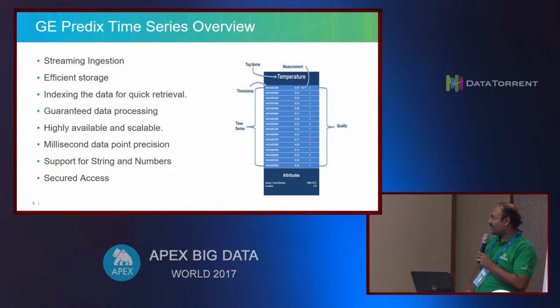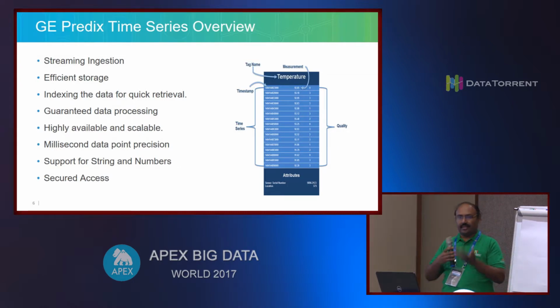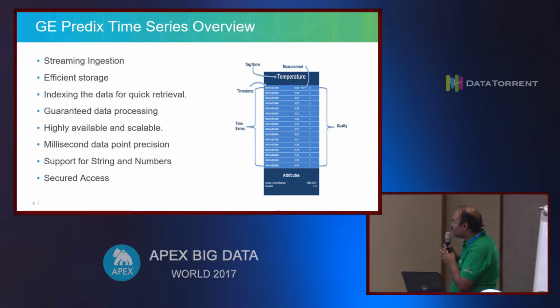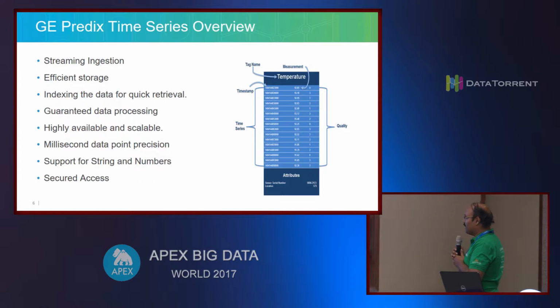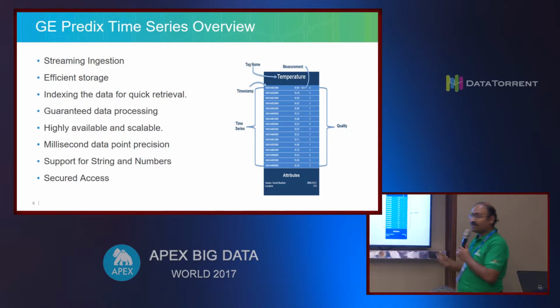I'll go specifically into time series because that's the one that we are familiar with. We are not experts on Predix because that's the G thing. We enable the time series application. This picture shows data where each line is a sensor reading.